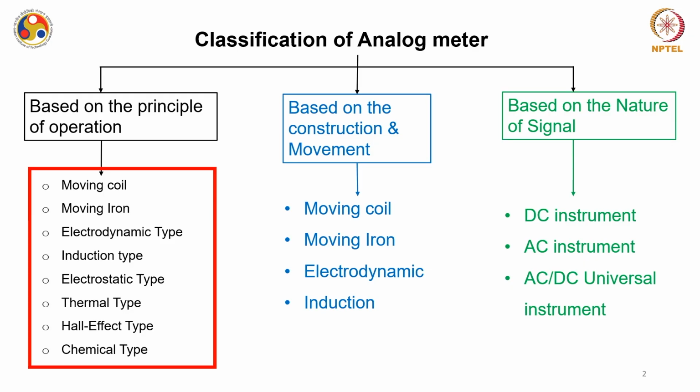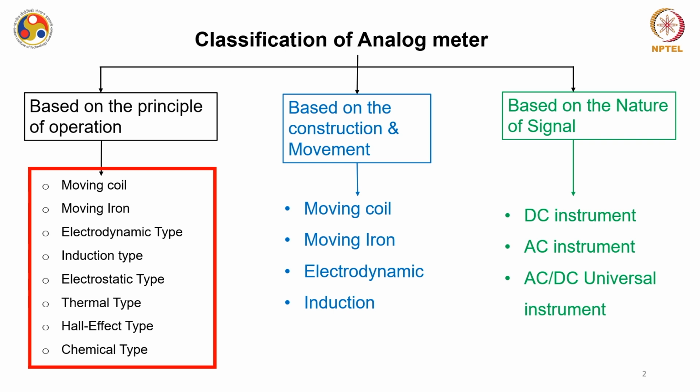So the analog meters were, say, moving coil, moving iron, electrodynamic, induction type, electrostatic type, thermal type, Hall effect type and chemical type. Some of the effects are known from their name itself, say for example Hall effect type. So you can say that the device is based on the Hall effect.